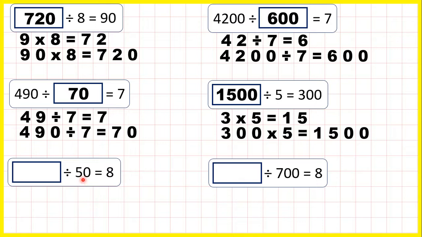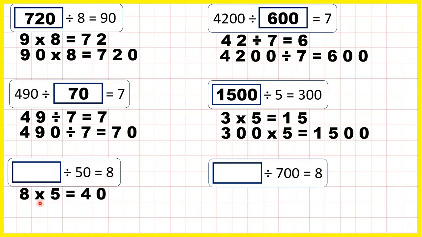Something divided by 50 equals 8. Our dividend is missing, so we can find this missing number by reading the question backwards as a multiplication and working out 8 times 50.